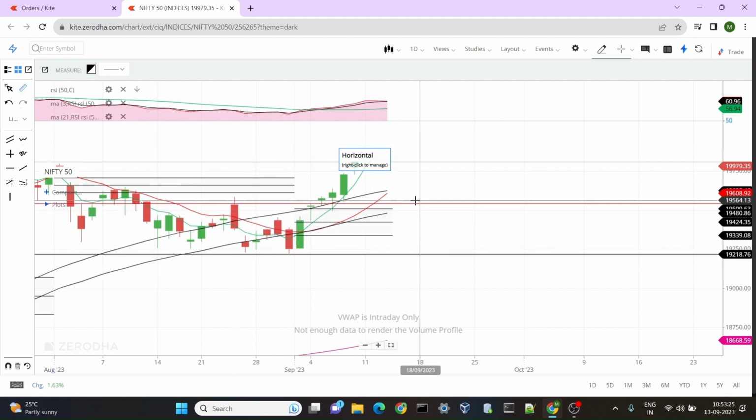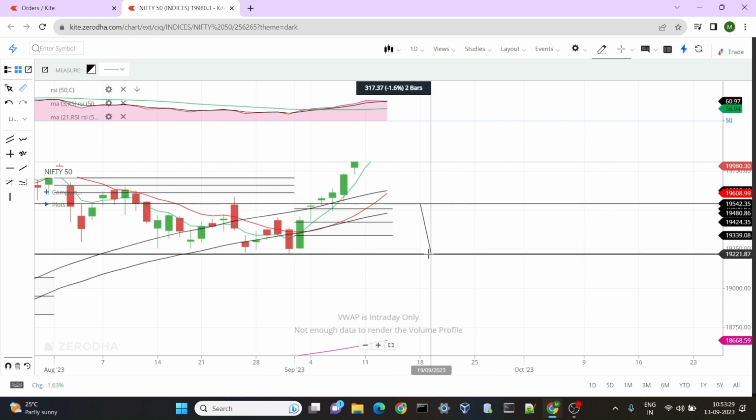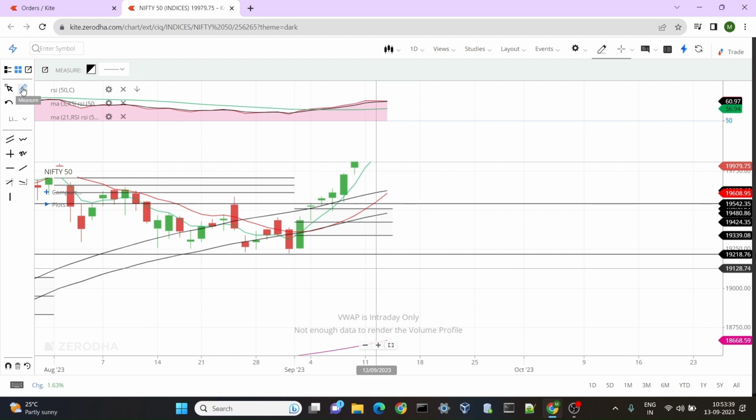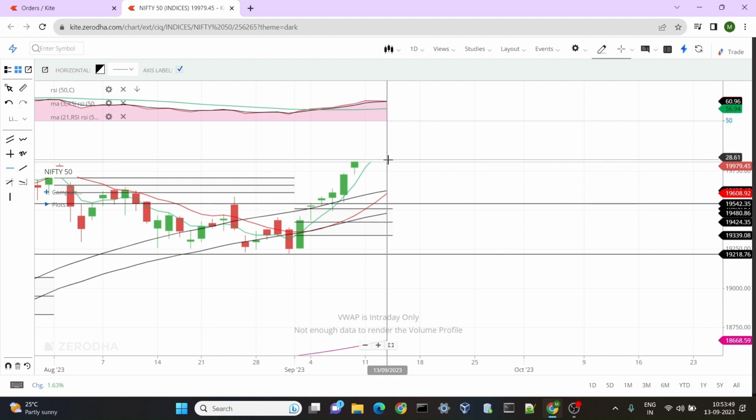Measure the SL. The SL is there just for the worst case scenario, once in a while. If something goes wrong, we should not be losing more than 1.6%. That is the purpose of the SL. Now let's see, the target: 316 points of SL you have given, 316 points of target you will give.